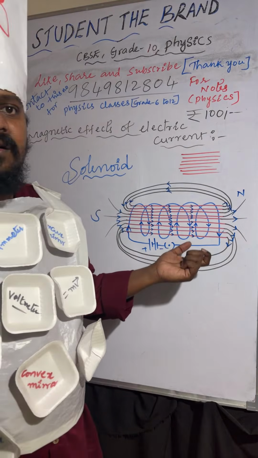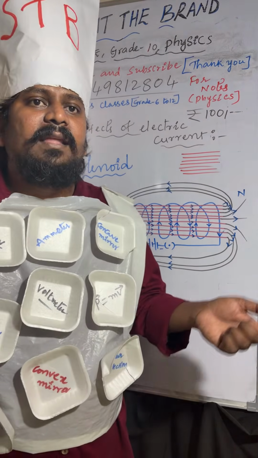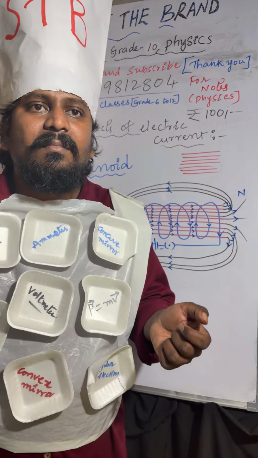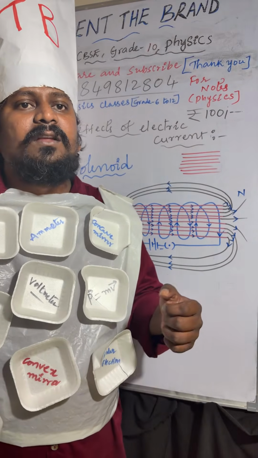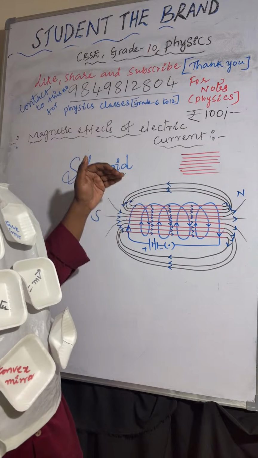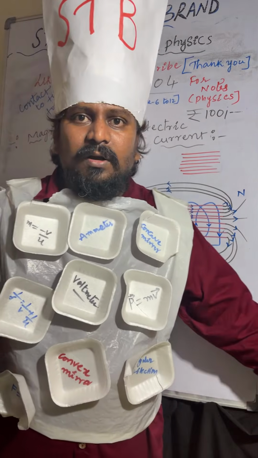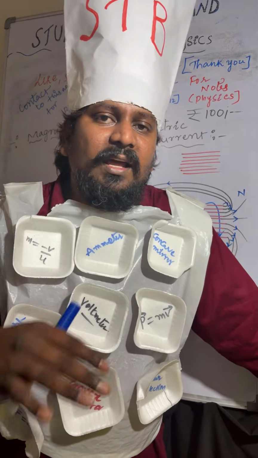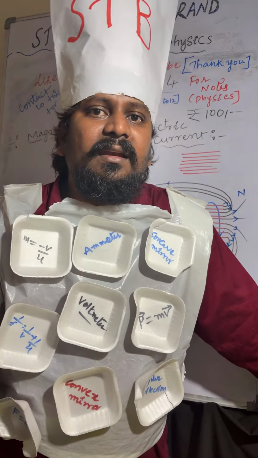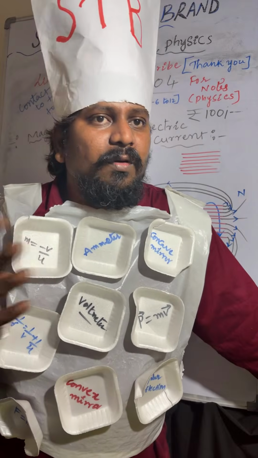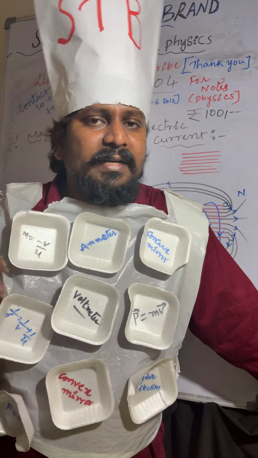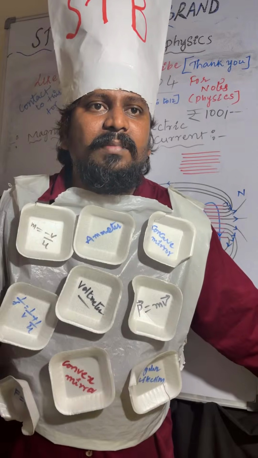When current is passing, it acts as a magnet. So the properties of the solenoid and the bar magnet are both the same. So it acts as a magnet, and a magnetic field will be created.